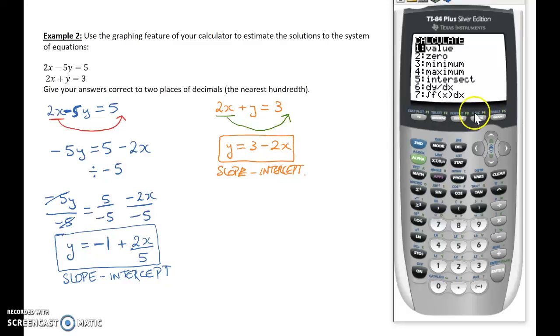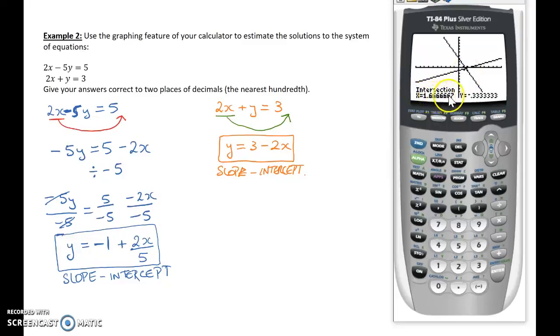Remember the point of intersection? So we're going to use 5 for intersect. So just hit 5, and you don't even have to worry about what's on the screen here. Once you've hit 5, you're going to hit enter 3 times. Once, twice, 3 times. And if you look right here, the cursor is flashing just where the two lines meet.